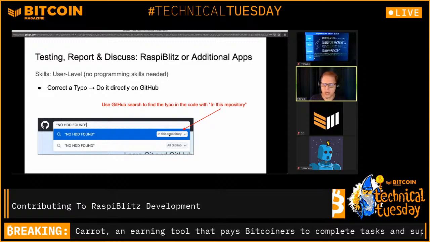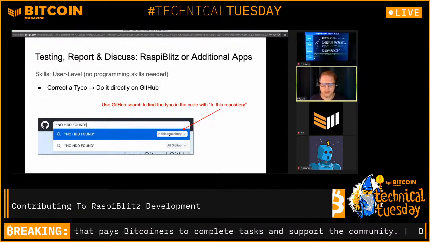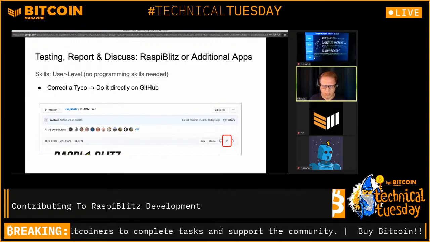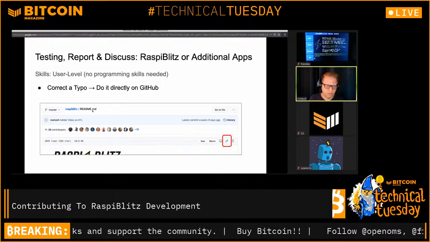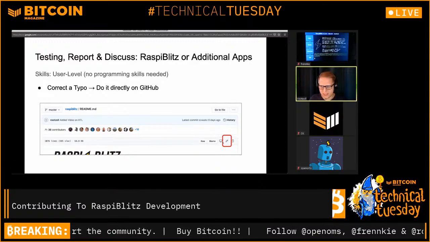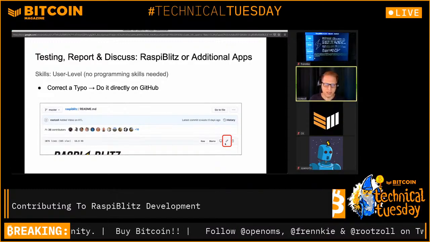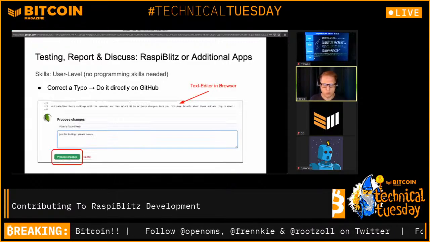You will see in which files this string is mentioned. For example, on the README file you can find this little edit button, and when you click it, you get a text editor in the web browser.